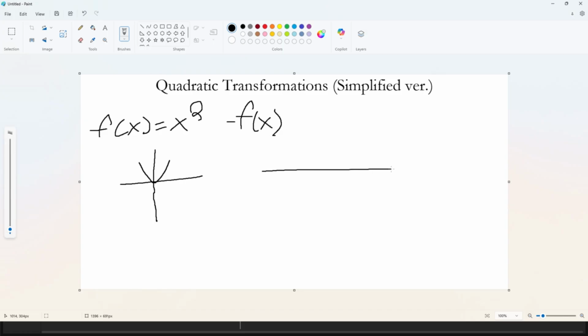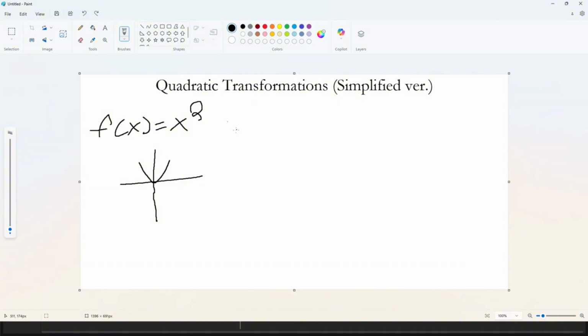This will make it so that our y values change, flipping it over like this.